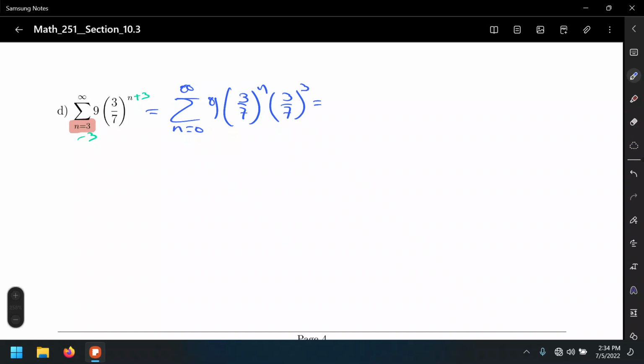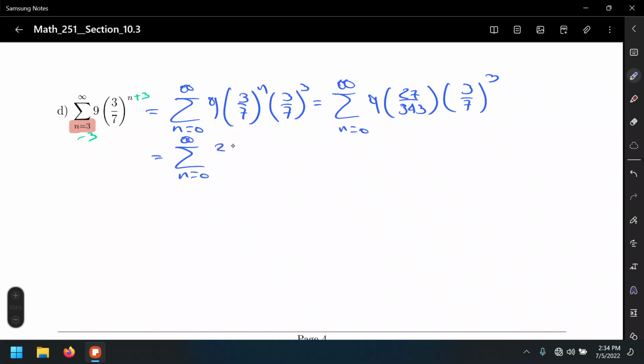In this case, 3 cubed and 7 cubed. 9 times 27 over 343, and 27 times 9, is that 243, I think? So this is sigma n equals 0 to infinity of 243 over 343 times (3/7) to the n power.